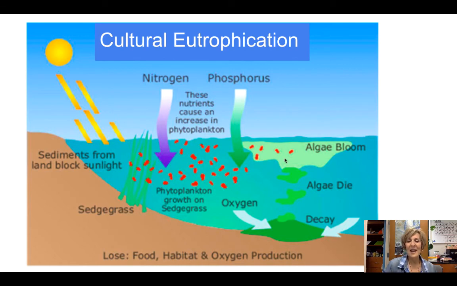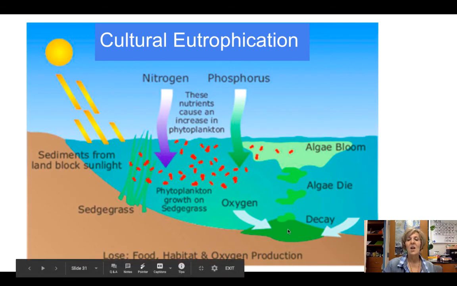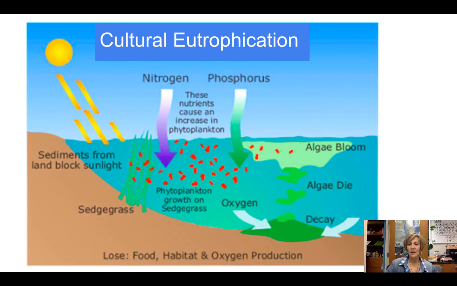And that decaying matter starts to accumulate down at the bottom of my aquatic habitat where my decomposers are, right? My decomposers are down there. Well, my decomposers are going to go crazy because they have this decomposing matter, so they have lots of food source. And here's the ticket, guys. Decomposers utilize oxygen.